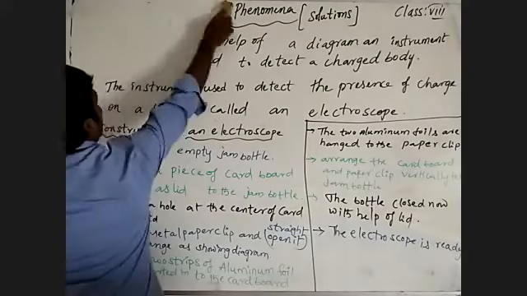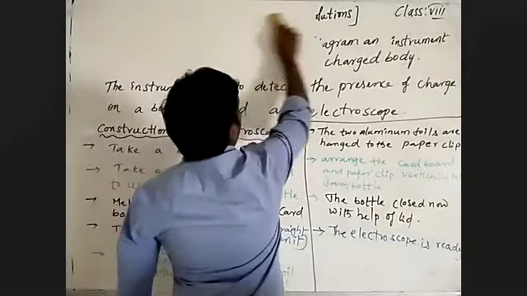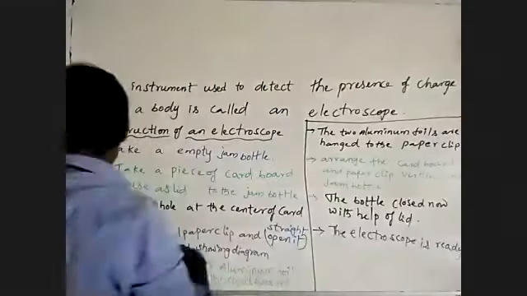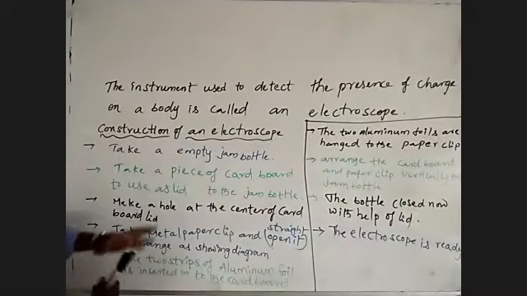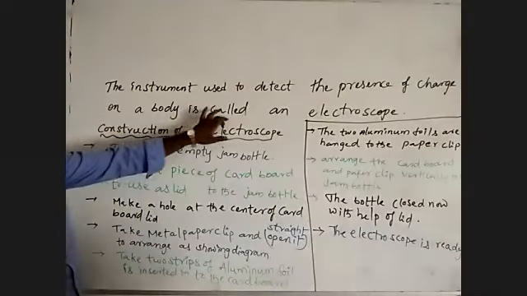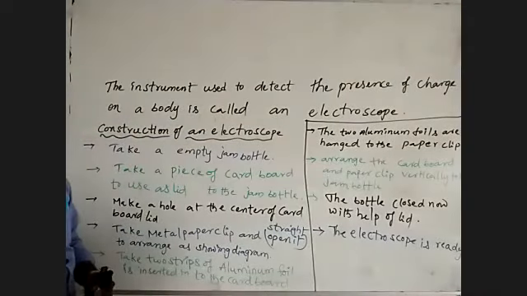By that we will draw that diagram on the top surface. The instrument used to detect the presence of charge on a body is called an electroscope.